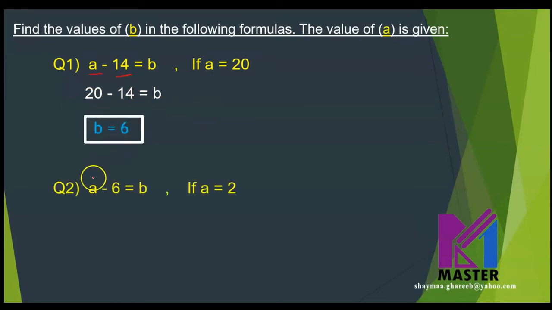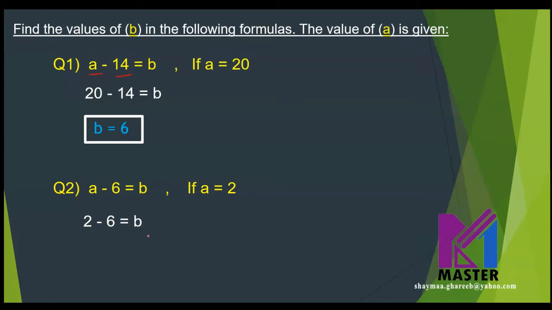One more question. A minus 6 equals B. If A equals 2, what does this mean? A minus 6 equals B, and A equals 2, so it will be 2 minus 6 equals B. How to do 2 minus 6?